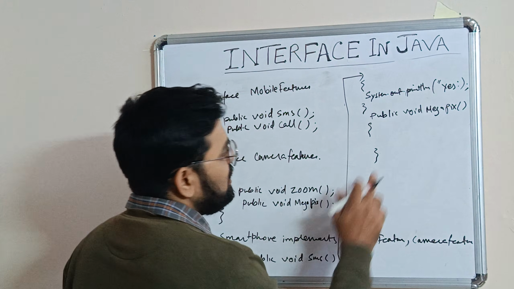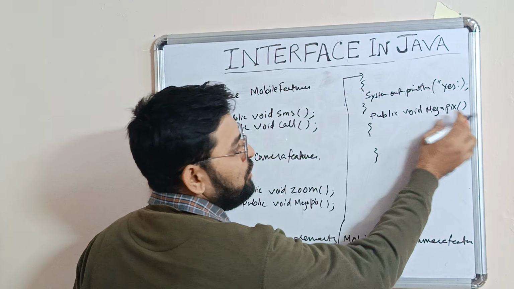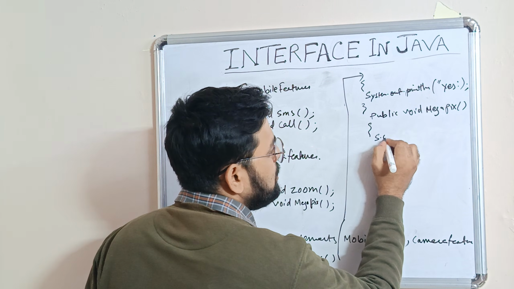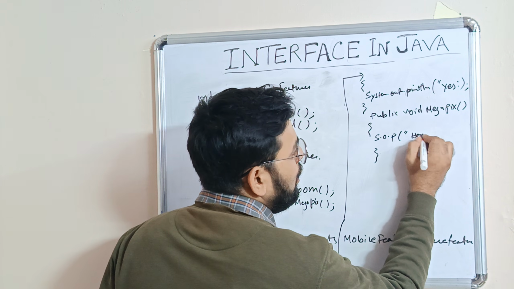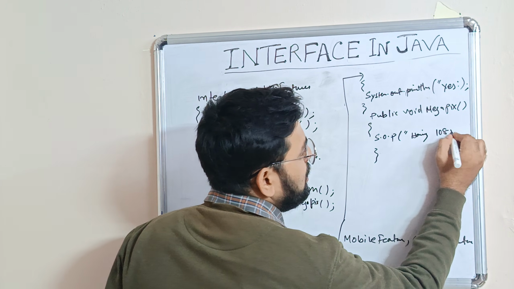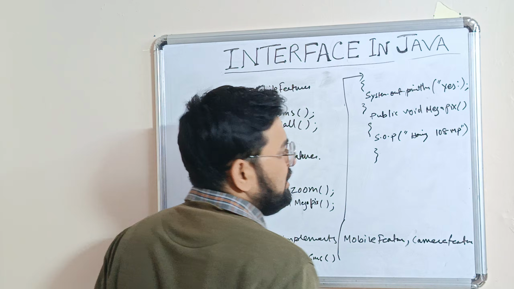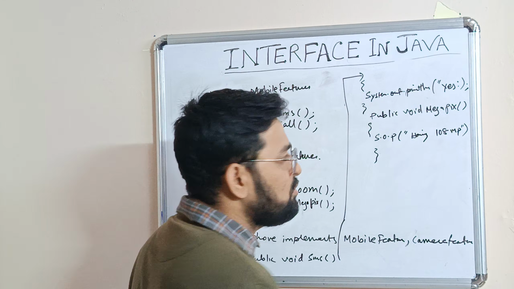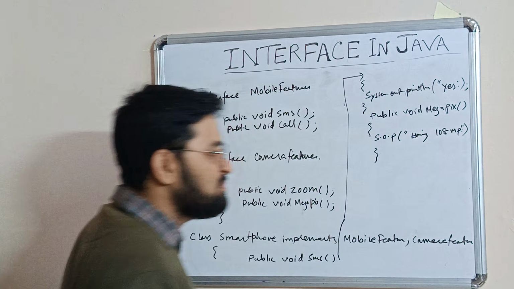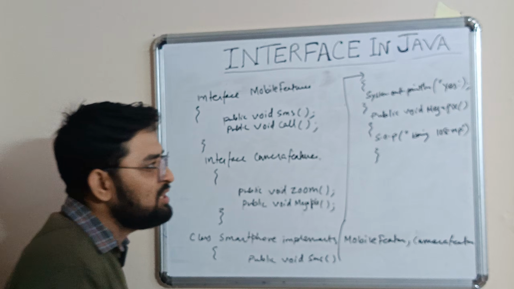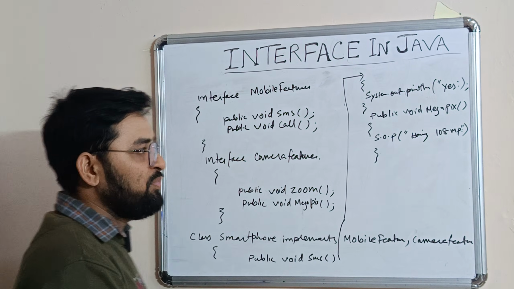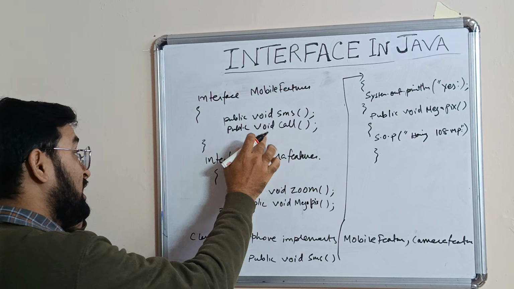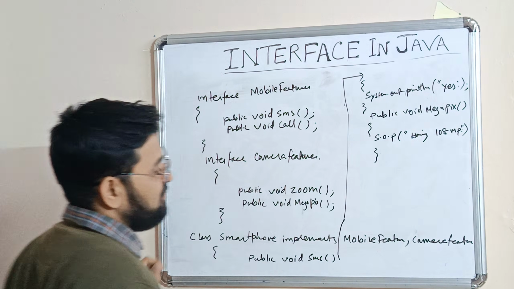In void megapixel you can write System.out.println with a message like having 108 megapixel. So this method has a body, while it was declared without a body in the interface.